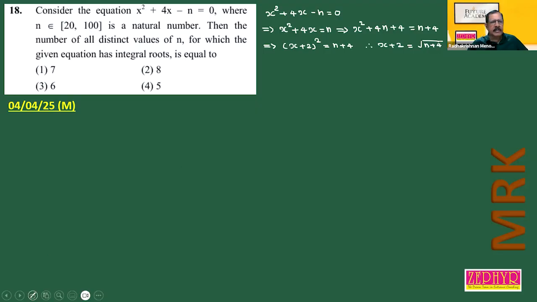So x is equal to minus 2 plus or minus root of n plus 4.